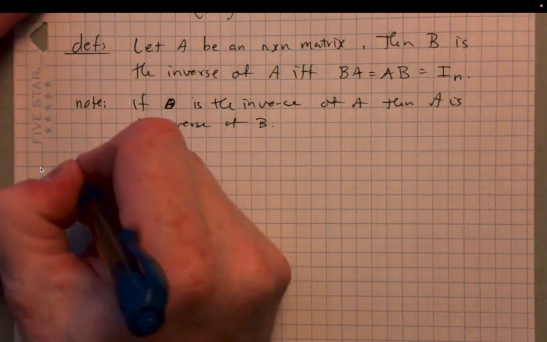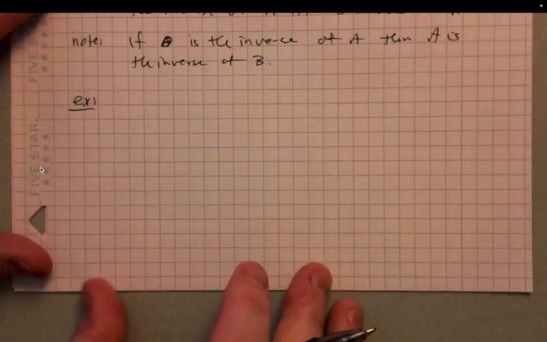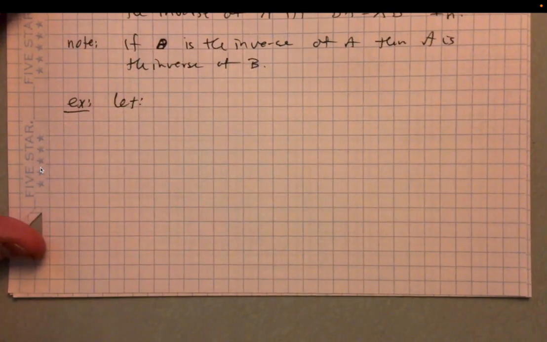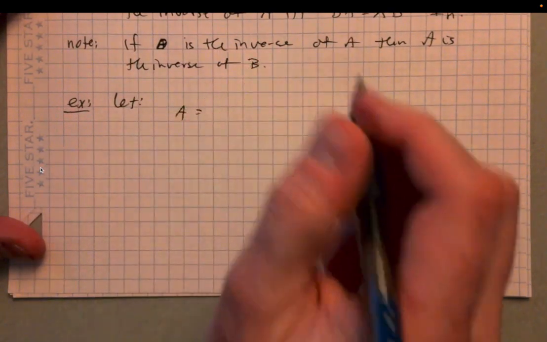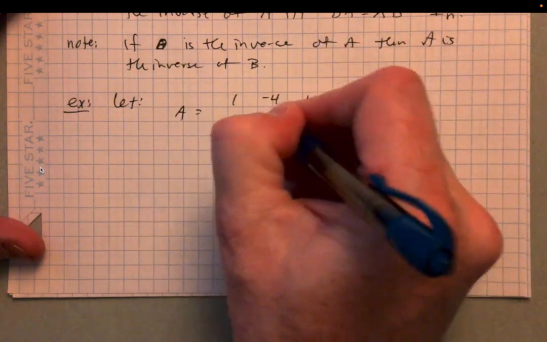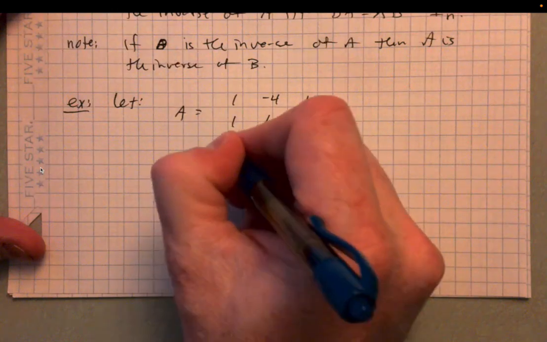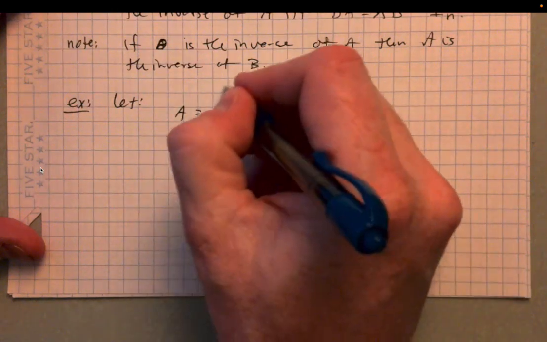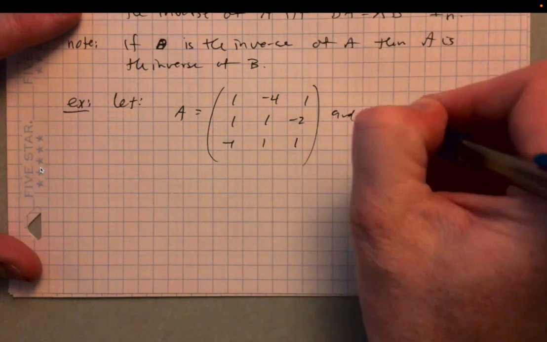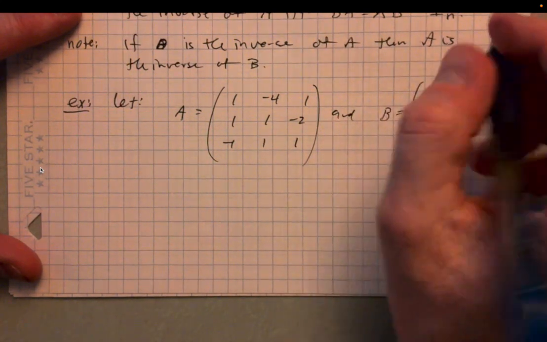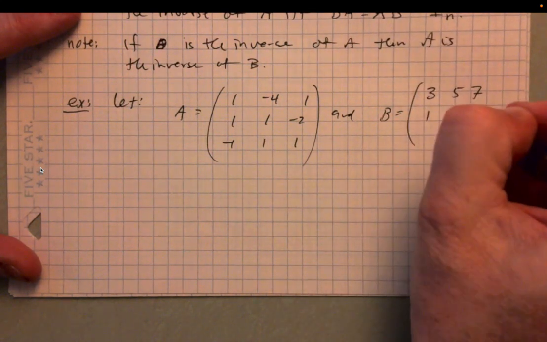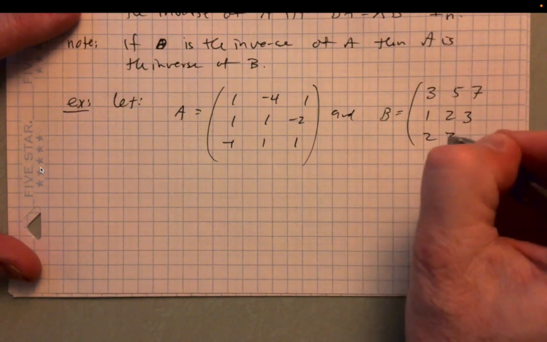So, an example. I'll leave it to you to verify this, but suppose we have A equals 1, -4, 1, 1, 1, -2, and -1, 1, 1. So this is a 3 by 3 matrix. And suppose B equals 3, 5, 7, 1, 2, 3, and 2, 3, 5.